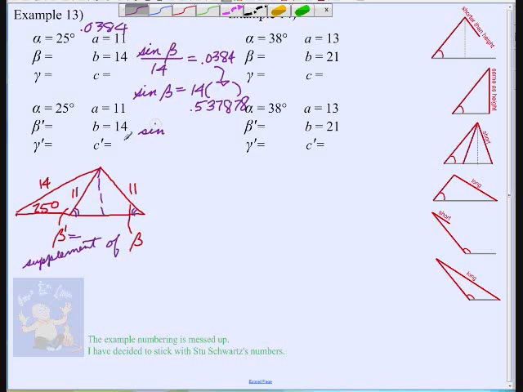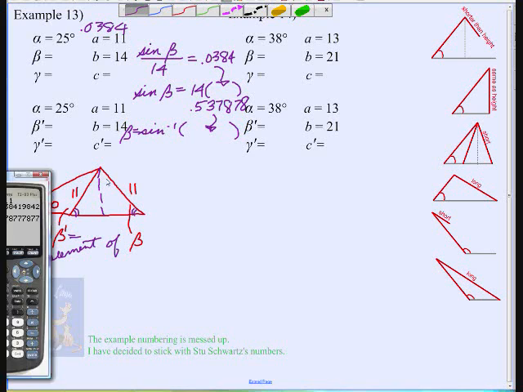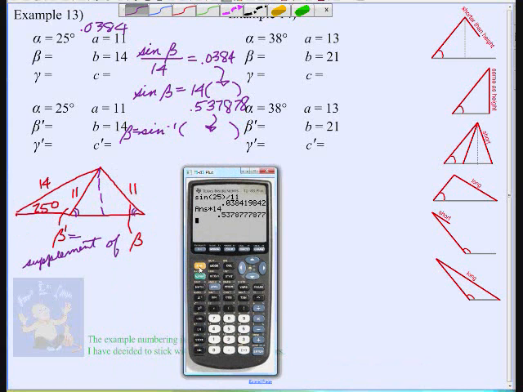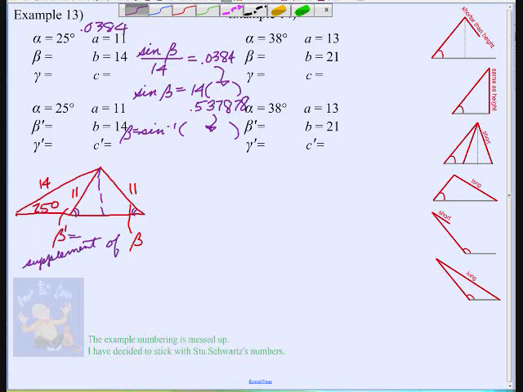We're going to figure out what beta is using arcsine. We put the ratio into arcsine to find the angle. Arcsine of 0.537878 is 32.5 degrees. I'm not going to figure gamma and C right now.